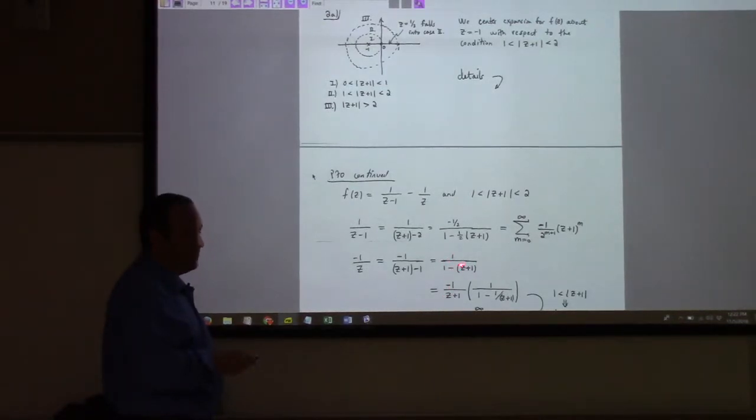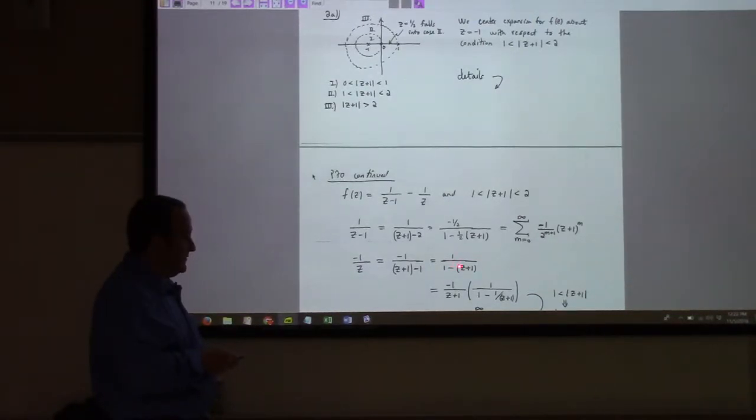Which then I can apply geometric series to. No, I can't yet, though, right? Why can't I do geometric series already? Because z plus 1 is not an allowed ratio. In region 2, the modulus of z plus 1 is less than 2. That's not going to work for us because if I just apply geometric series on this directly, I'd be wrong because it doesn't converge with that radius.